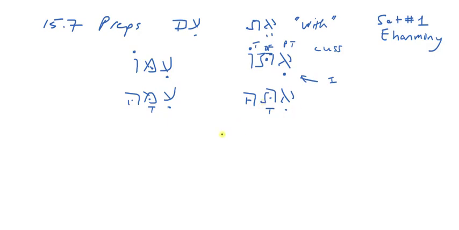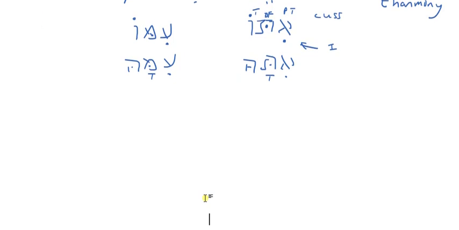Just to go ahead and celebrate Christmas with you, let's figure out how to say "with us." I get im, doubling dot in the mem, and the pronoun here is anu for us. Imanu with a dagesh forte. Imanu.